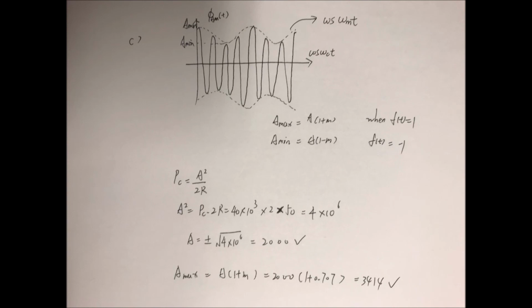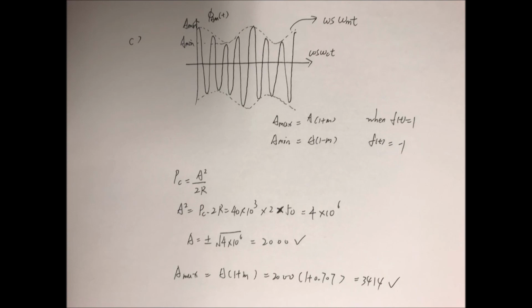The top level, the highest maximum I can achieve, I call A max or A peak. So I have a max value and a minimum value. When my message is positive 1, normalized, I achieve the highest point, A(1 + M).